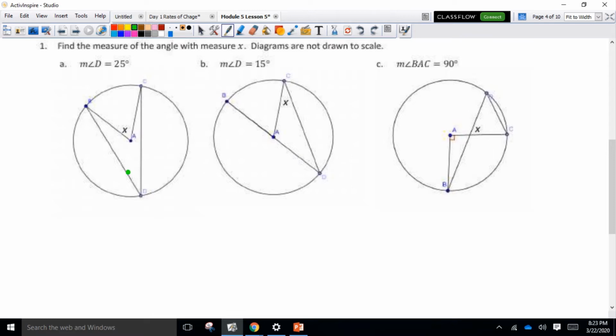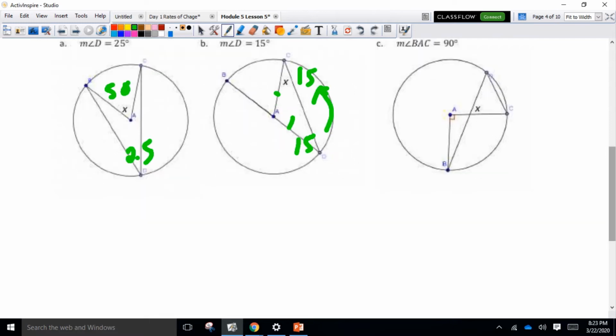So if D down here is 25, we double that, X has to be 50. If D up here is 15, well, we know this is isosceles, so that makes that one 15. Okay. This diagram is labeled wrong. X should be up here. So this is a 90-degree angle.